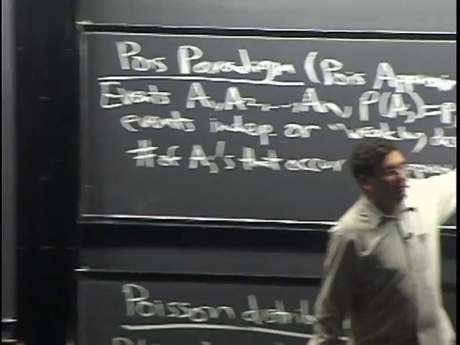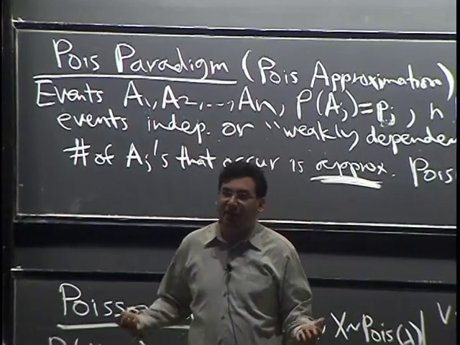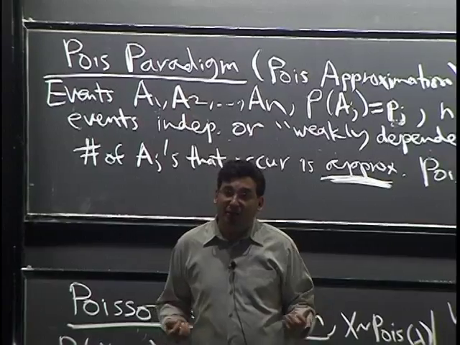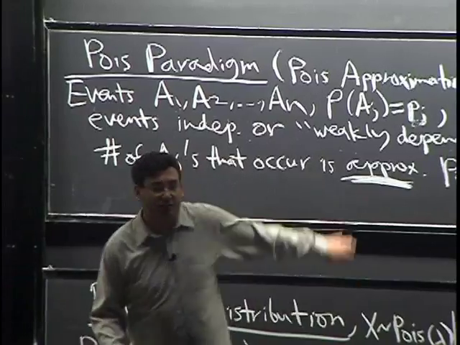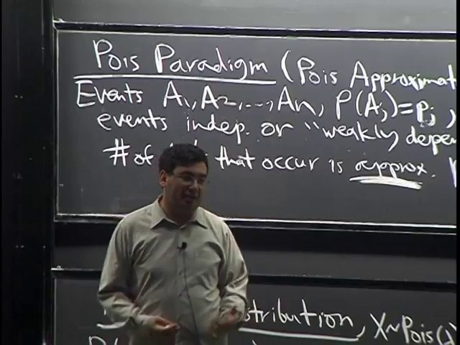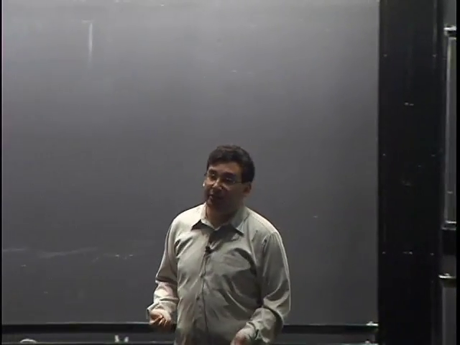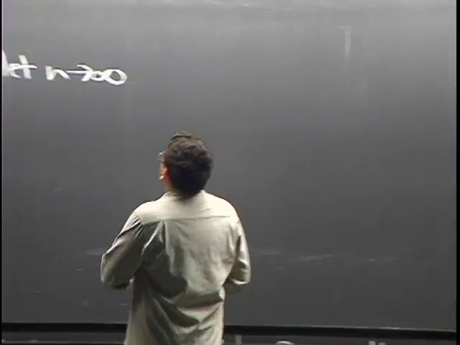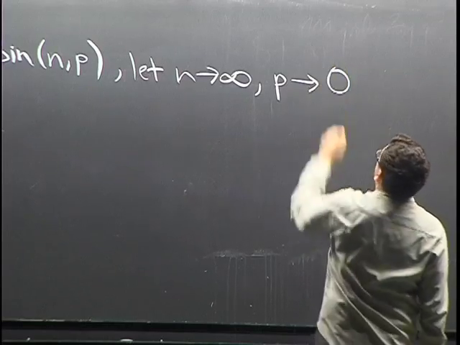So if we want to use this as an approximation, well, in practice, n is still going to be some finite number. And our hope is that here, mathematically, we're letting n go to infinity, and as an approximation, what we're hoping is that n, even though it's finite, is large enough so that these limits kick in and work well. So we're going to let n go to infinity. We're going to let p go to 0.